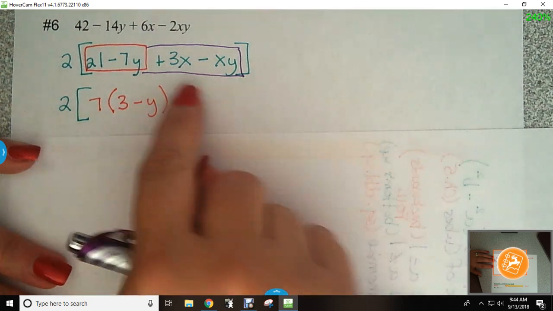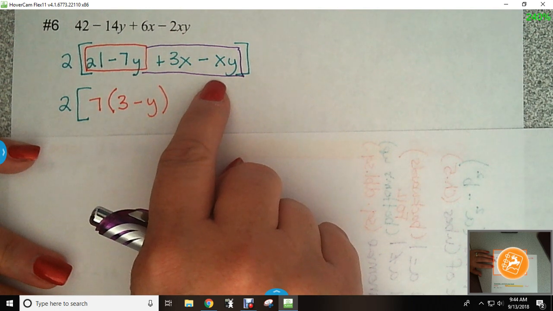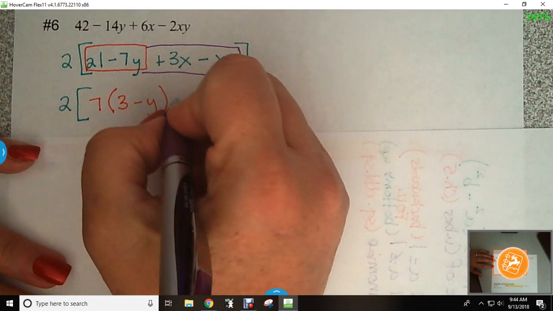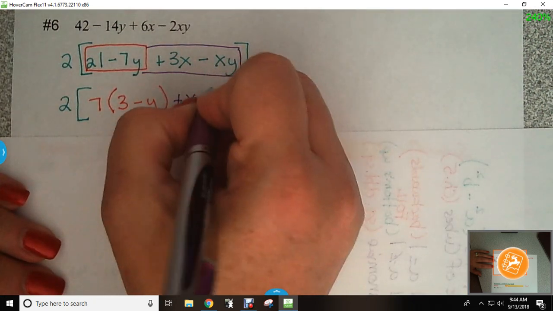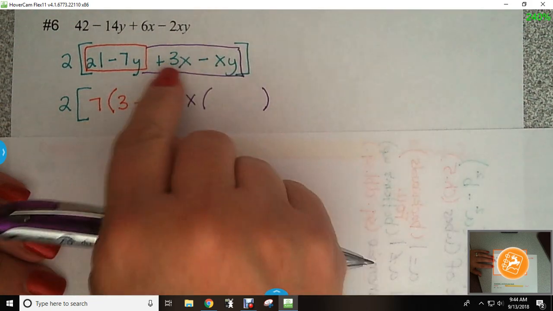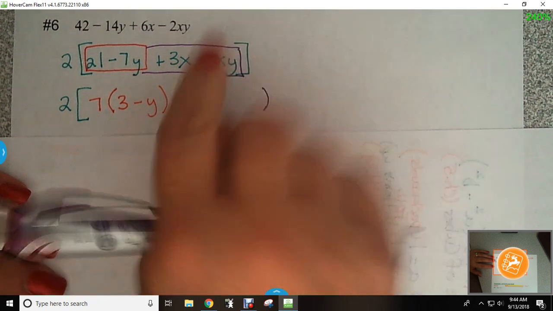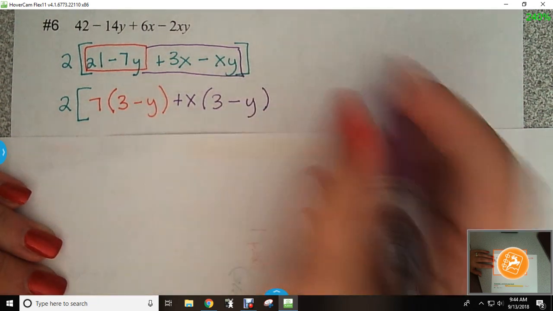In my second box, the one I've outlined in purple, my greatest common factor is not a number. This time it is a variable, x. So if I put a positive for my third term and an x in that parenthesis, divide this by x, I'm going to have a 3. Divide this by x, and I'm going to have a negative y.